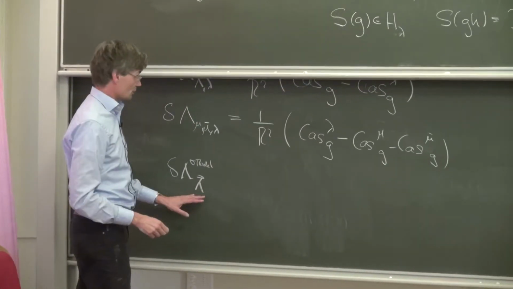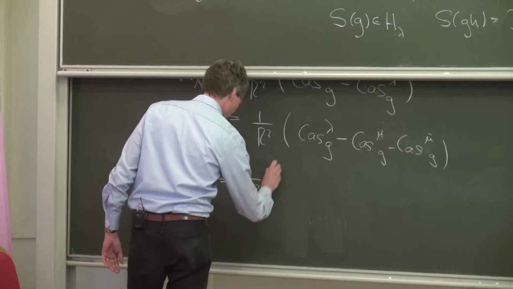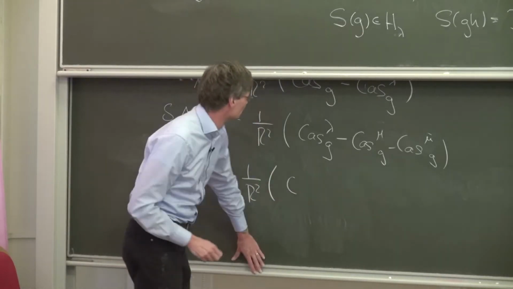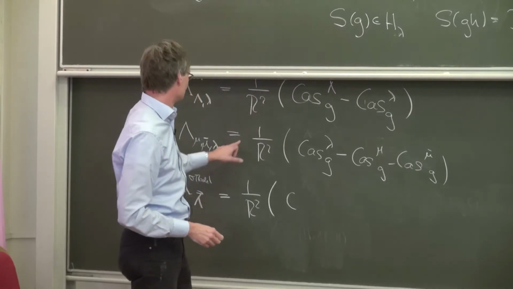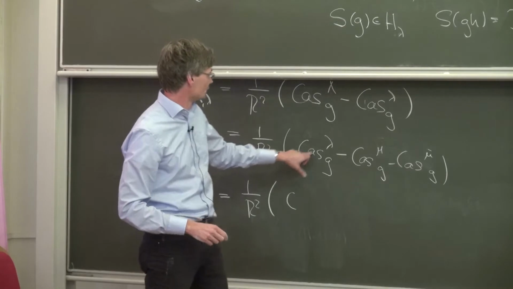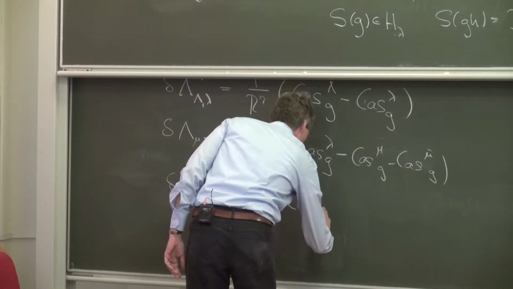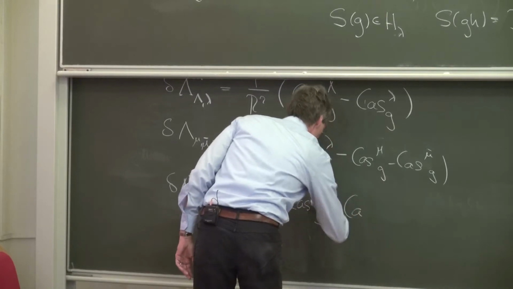That all depends, of course, on all the quantum numbers. You see that, I guess I didn't get that right. No, I did get it right. So you see this thing cancels against that, and you just get the Casimir of lambda for G minus, sorry, Casimir.